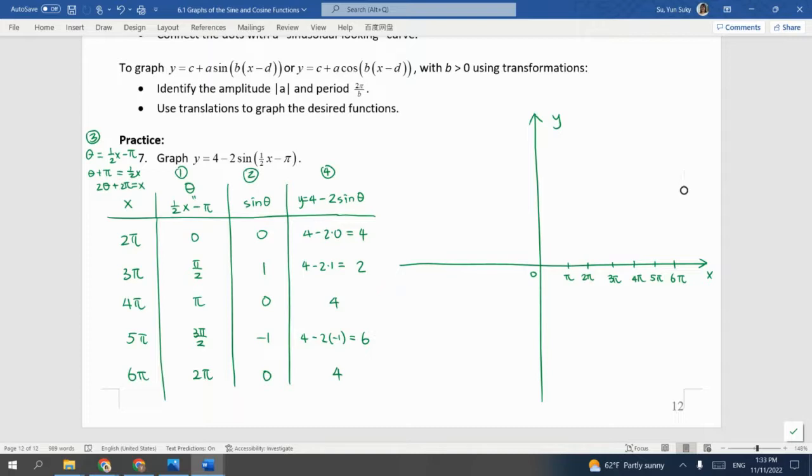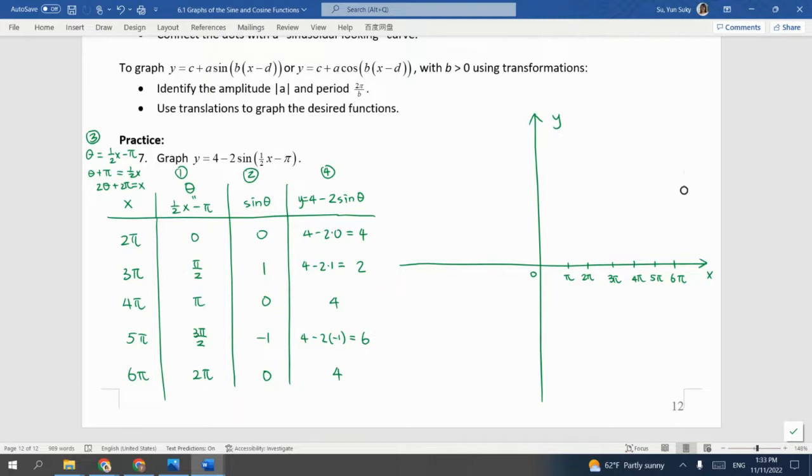Is that okay, everybody? You draw the graph and then you plot the point as how long you need. You need 6 pi, 3 to 6 pi, and then you cut it over 3 pieces. Look at my x value. My x is 2 pi.